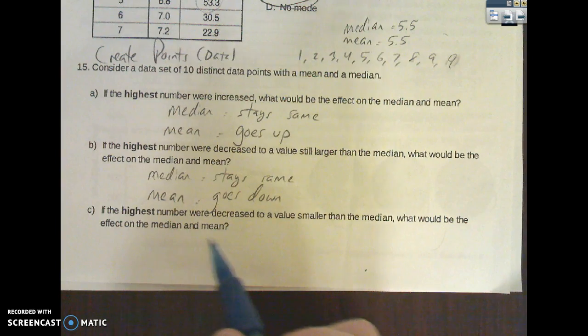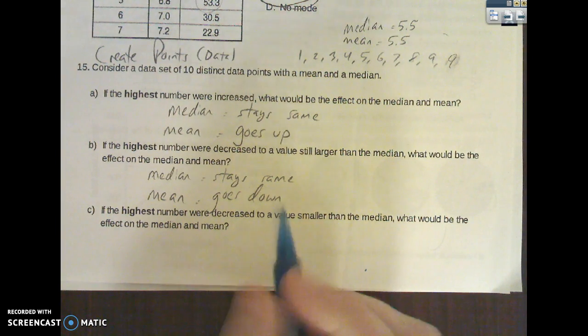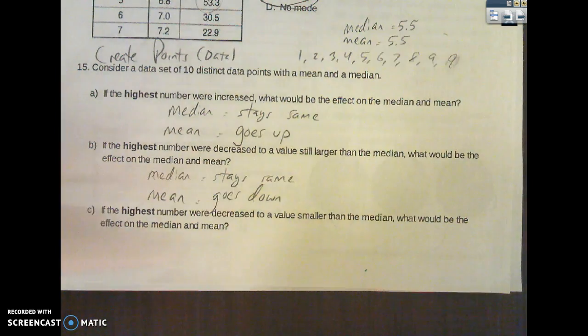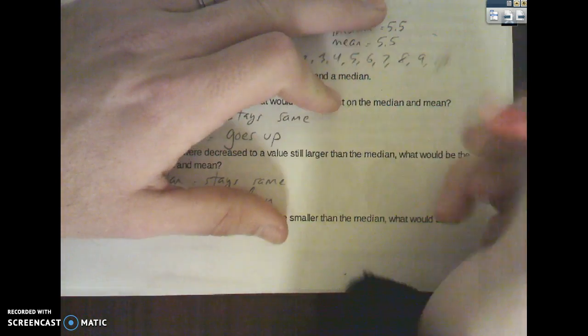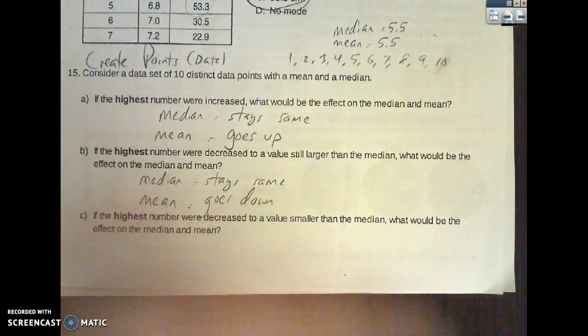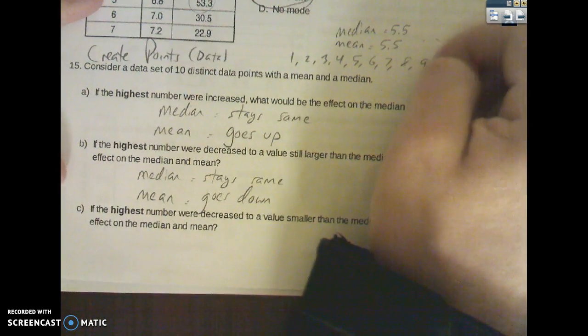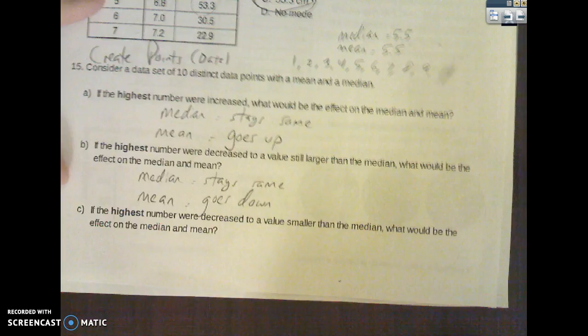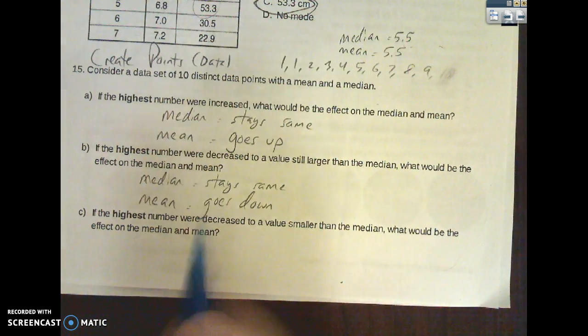If the highest number were decreased to a value smaller than the median, what would be the effect on the median and mean? All right, so now, if this is back to a 10, now if the highest number were made into something smaller than the median, 5.5. So if I turn this into, say, a 1, now look at what my median would be.